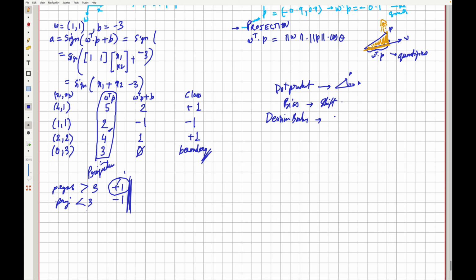If the projection is less than 3, they are in the negative class. So B is minus 3, and minus B is going to be plus 3. This is essentially saying minus B right here.